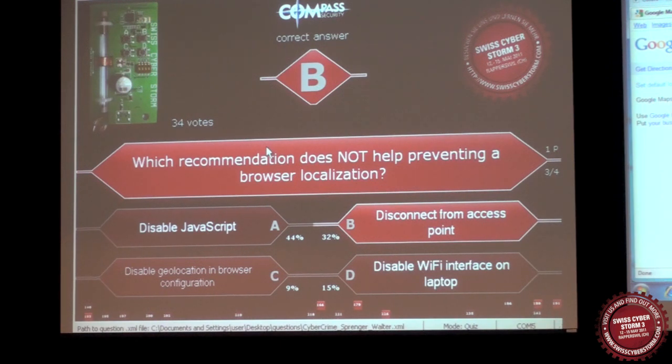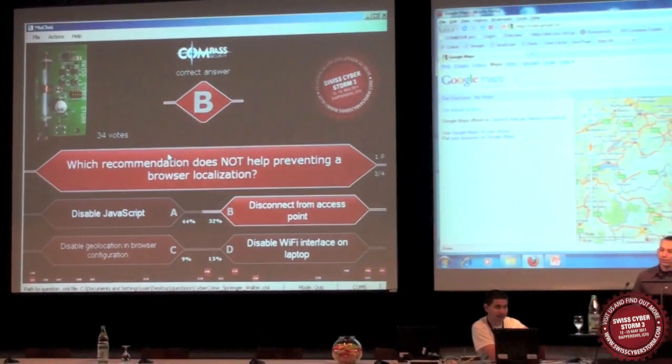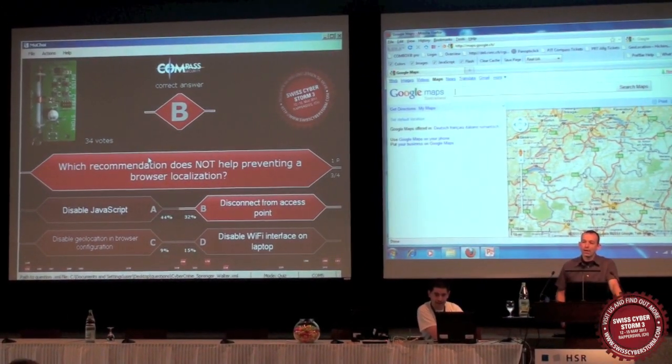Over your, for example, unlimited connection or LAN connection or what else? Yeah, you're right. If you are in the office, for example, and you're connected to your wired network and you don't disable the Wi-Fi interface, then you still can be located.